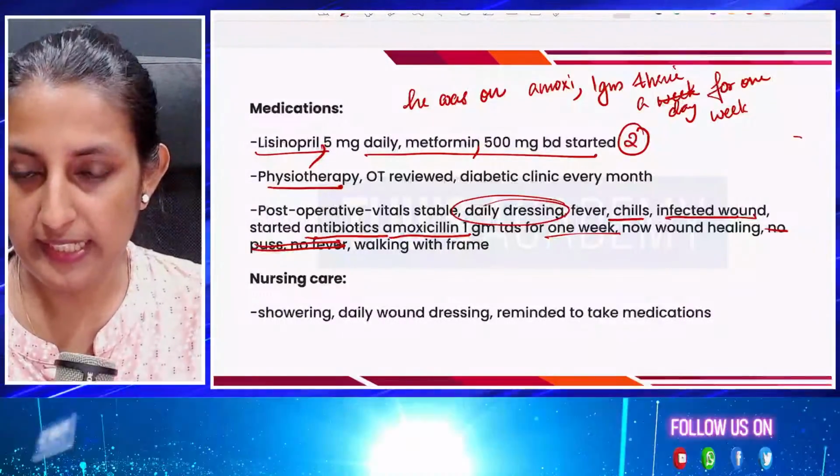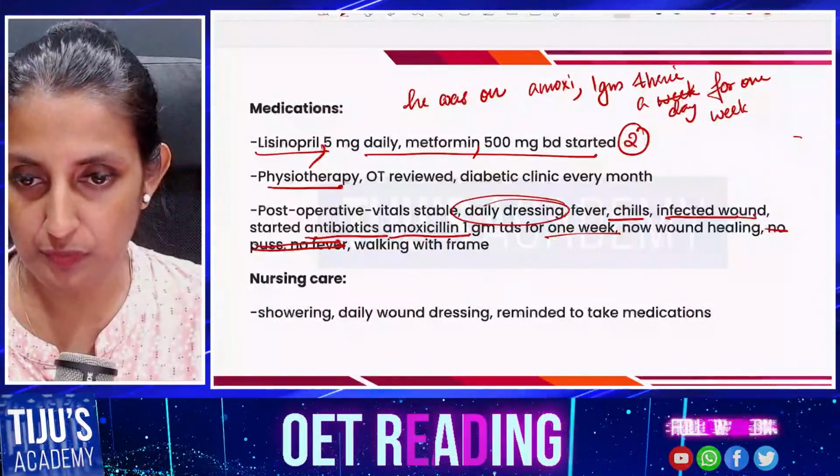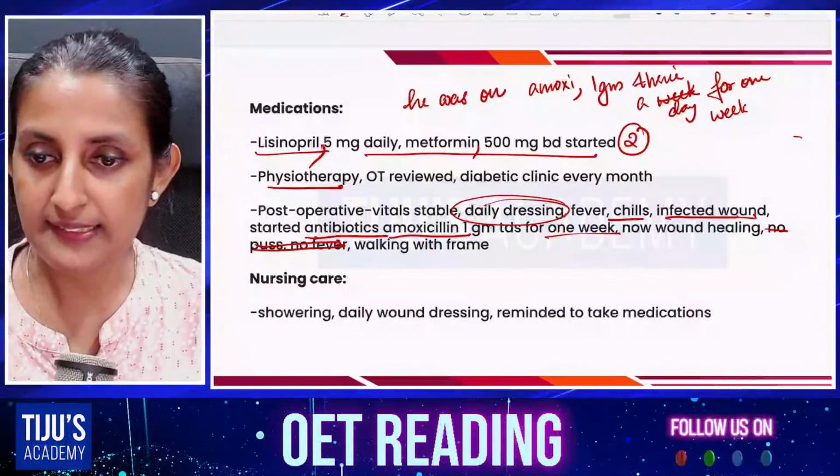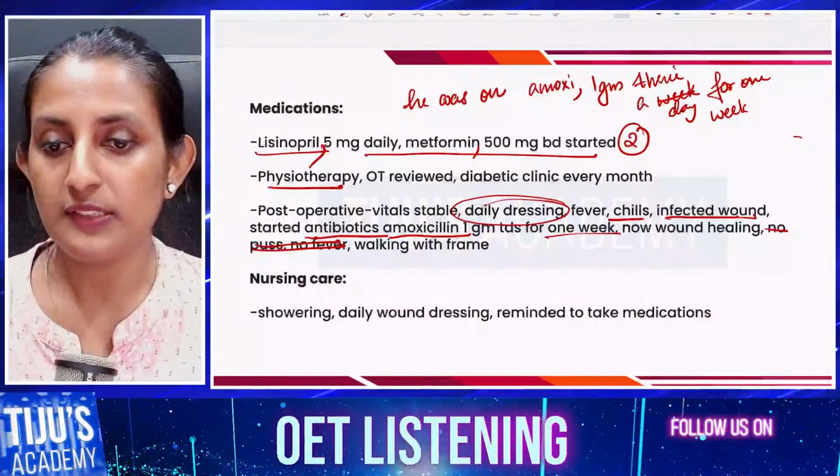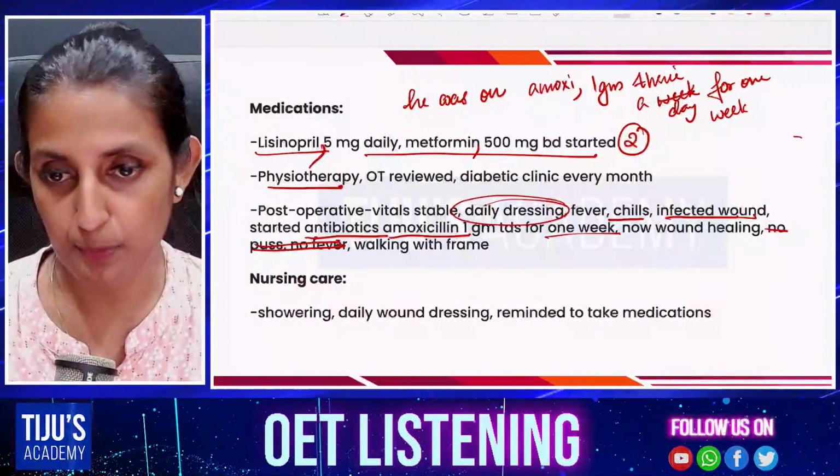And post-operatively he had fever, chills and wound infection for which he was on amoxicillin. Yes, Sini, that is fine, but you need to use the correct punctuations as well. On 6th June 2019 കഴിഞ്ഞ് you need to put a comma.